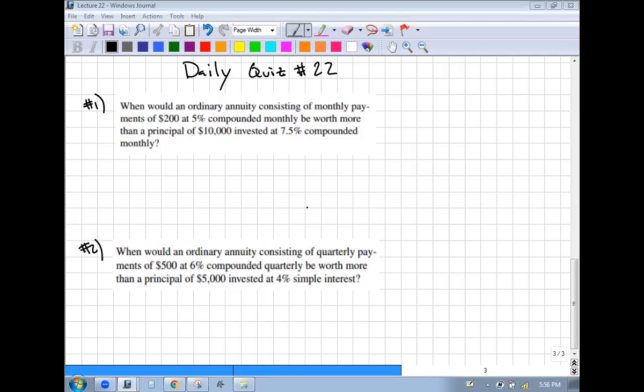Okay, so when would an ordinary annuity, so we're asking for the time, an ordinary annuity consisting of monthly payments, so our PMT is 200 bucks at 5%, so R is 0.05, compounded monthly, so M is 12, be worth more than a principal of 10,000 invested at 7.5%?